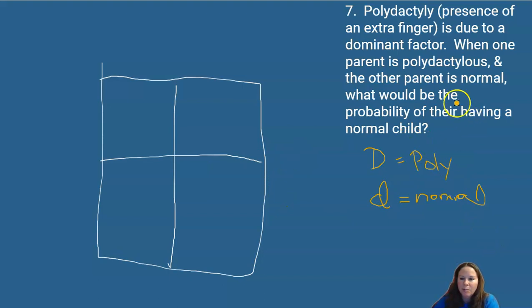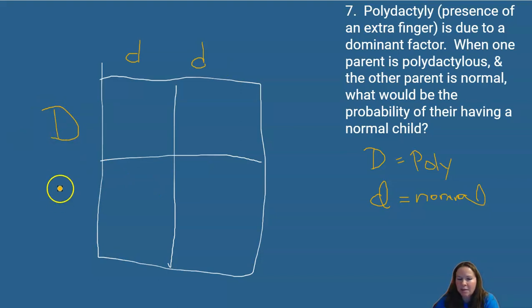All right, so when one parent is polydactylous and the other parent is normal, what's the probability of having a normal child? Well, it says one parent is normal, so we know they have to be little d, little d. The other parent is polydactyly.